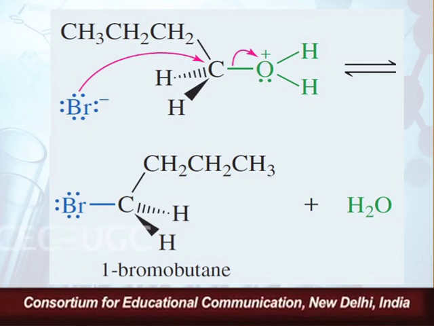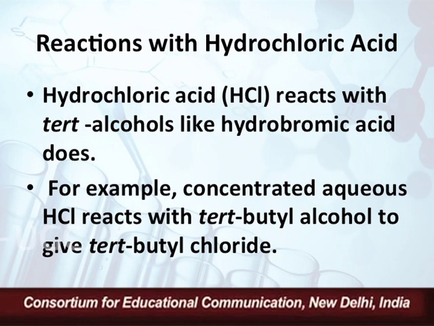And we get a transition state in which a bond is being formed between carbon and the bromide anion, and the bond is being cleaved between carbon and the oxygen atom. The bromide anion helps in pushing out the OH group as a water molecule from the transition state, resulting in the formation of 1-bromobutane.